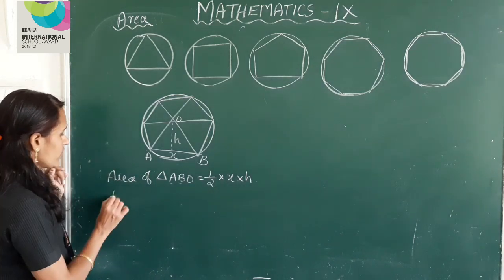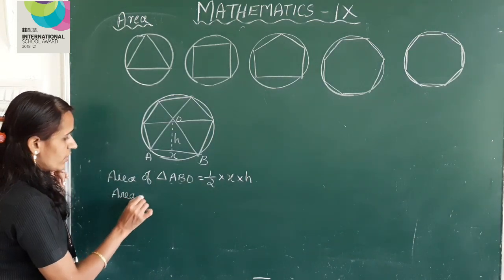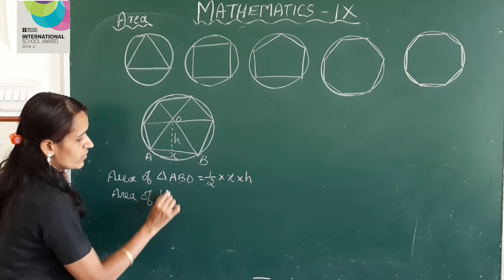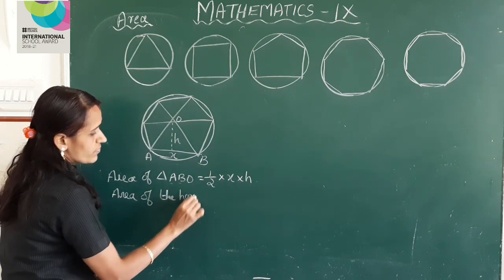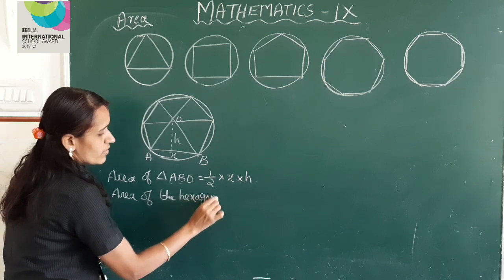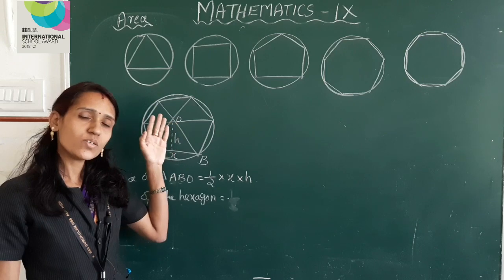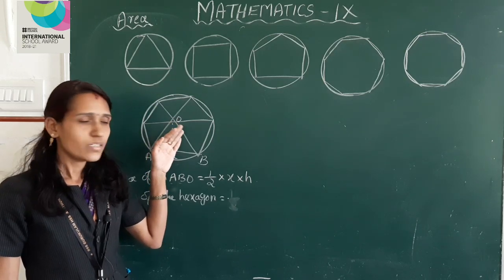Next, the area of the hexagon: this hexagon is divided into 6 equal triangles.